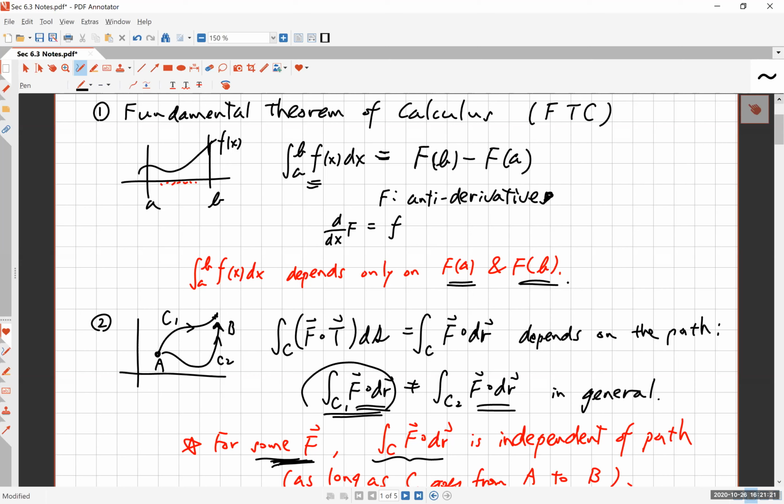So when we introduce this type of vector fields for which the integral is path independent, we can perform this type of subtraction to find the value of this line integral. And this is why it's called the fundamental theorem of line integrals.